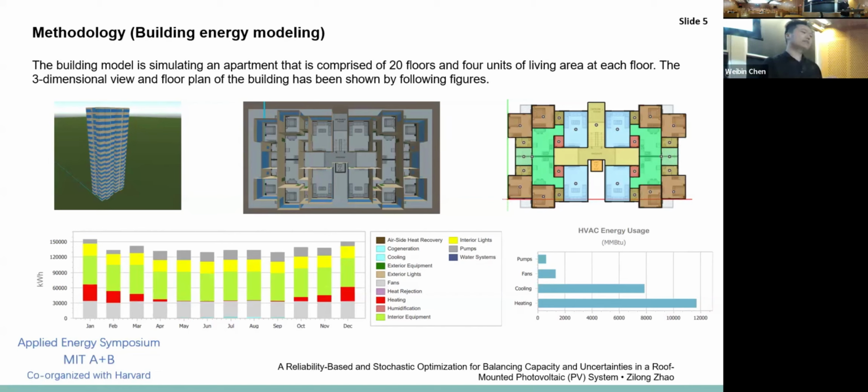The climate zone and floor plan are shown on this slide, along with the breakdown of the energy consumption, including heating, cooling, pumps, fans, and so on. This is an example in Minneapolis, which is a heating-dominated climate, as you can find from the figure.